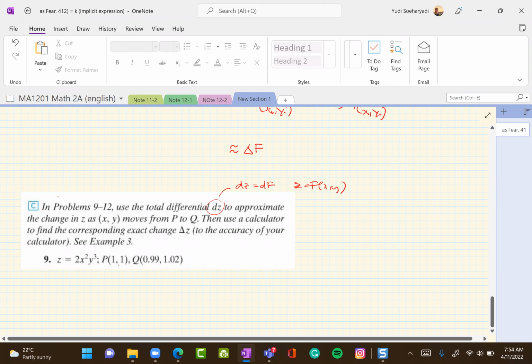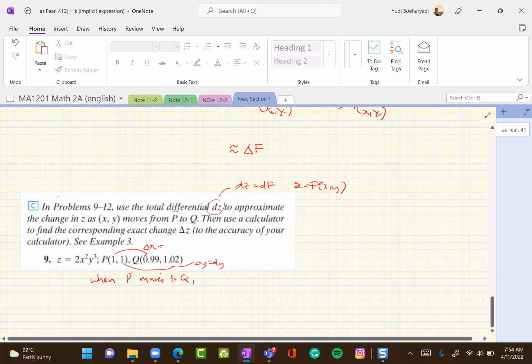When P moves to Q, this difference is delta x and this difference is delta y.